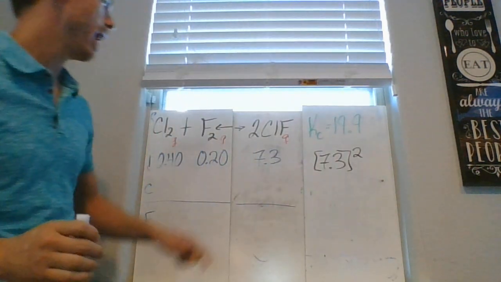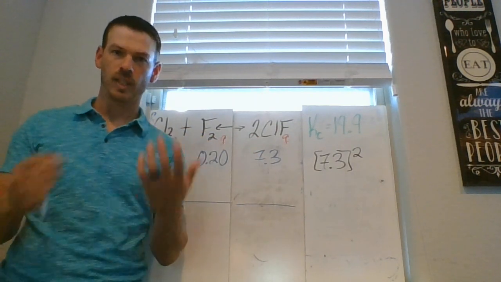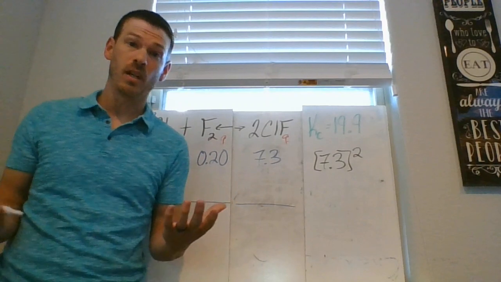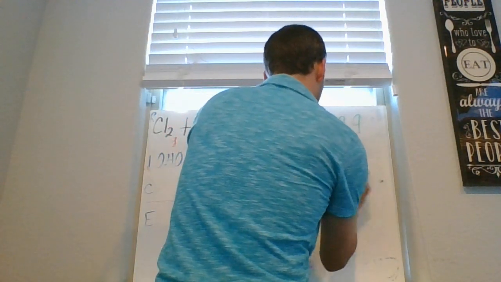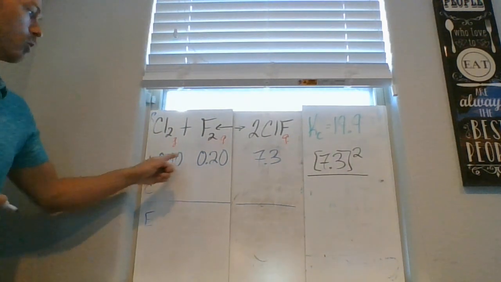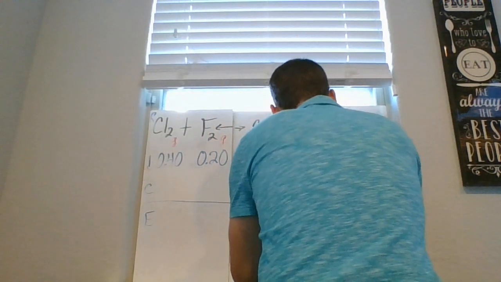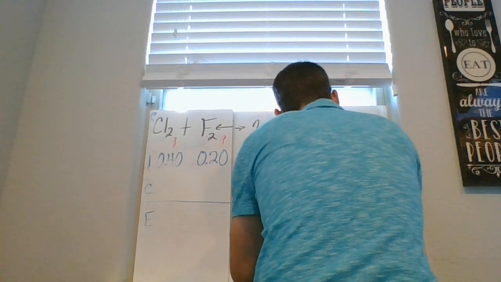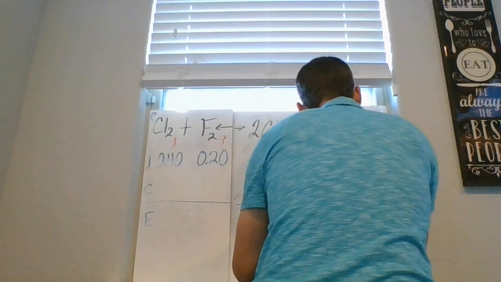squared. All right, why squared? Well, remember, whenever we're writing our equilibrium expressions, the coefficients become superscripts. So we're going to have that over the product of these bottom guys. So it's ultimately going to be 0.4 times 0.2.